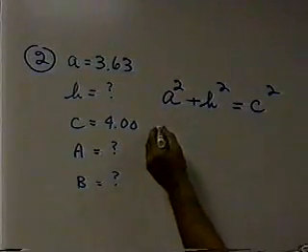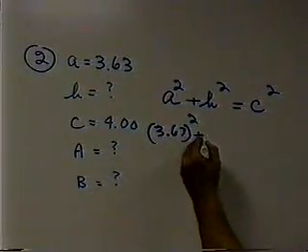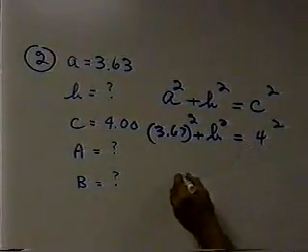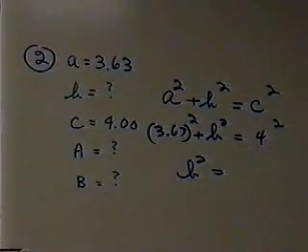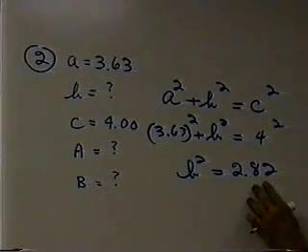Therefore we simply do 3.63 squared plus B squared is equal to 4 squared. So we get B squared is equal to 2.82. Again, this is rounded off in the notes.